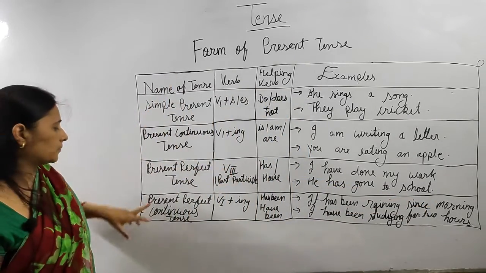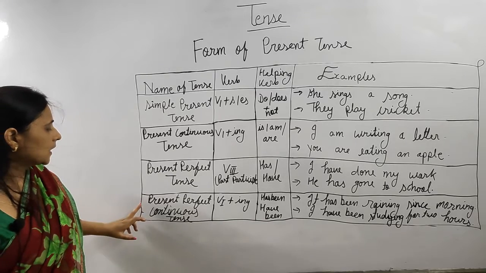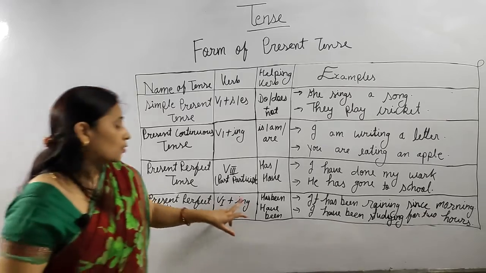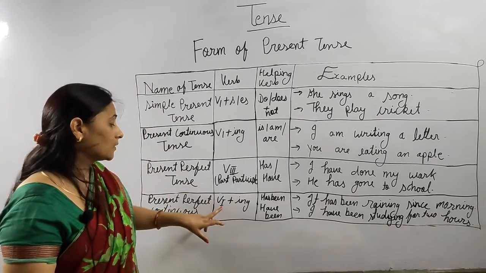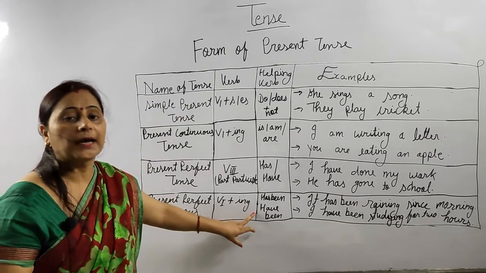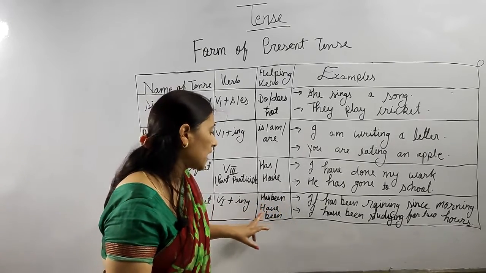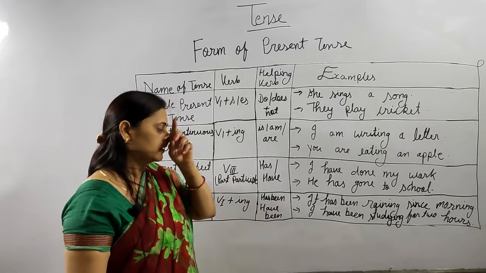Now the last form of present tense, present perfect continuous tense. Which verb will we use? First form of the verb with ing form. And the helping verb will be has been and have been.